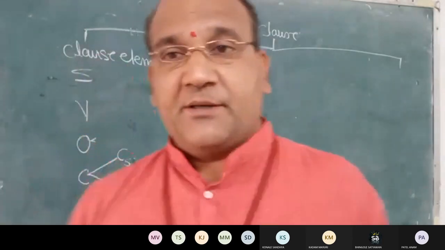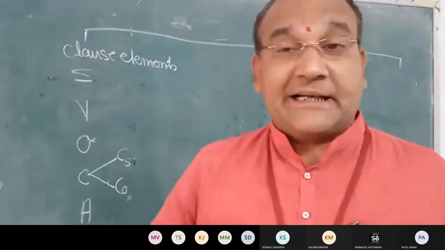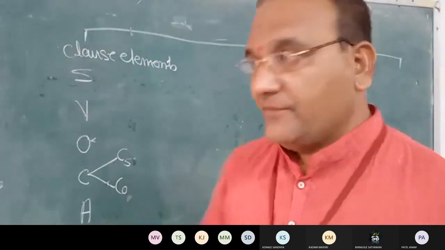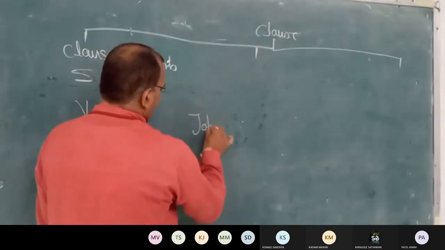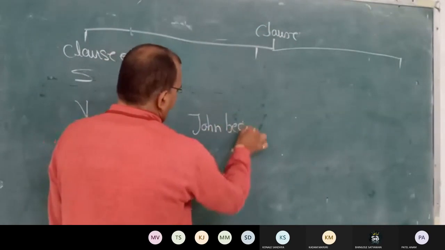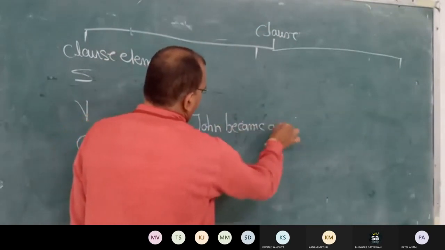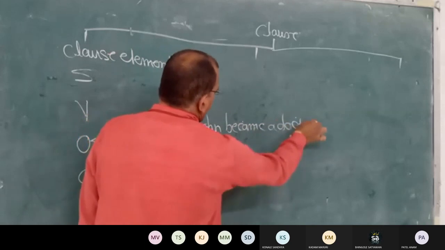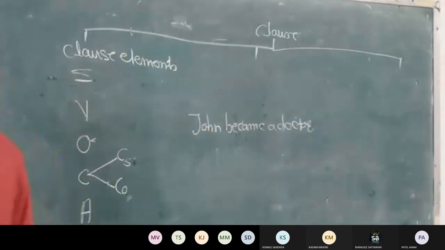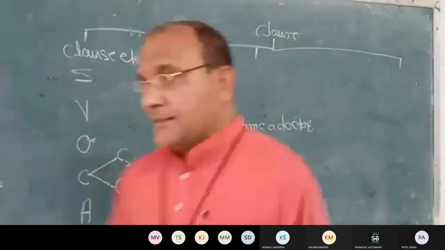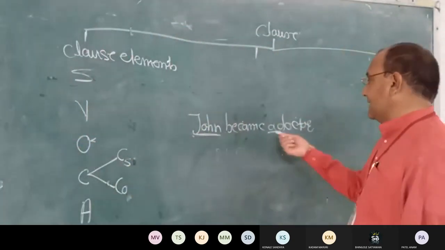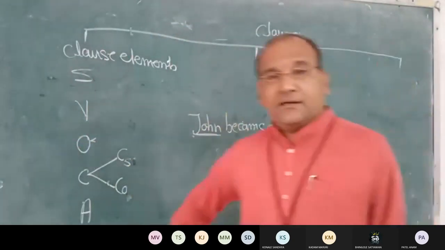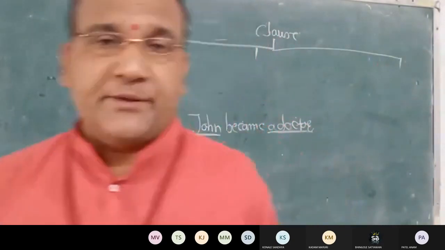Complement to subject is possible when you have linking verb or intensive verb. For example, John became corrupt. John and corrupt are identical, one and the same person.